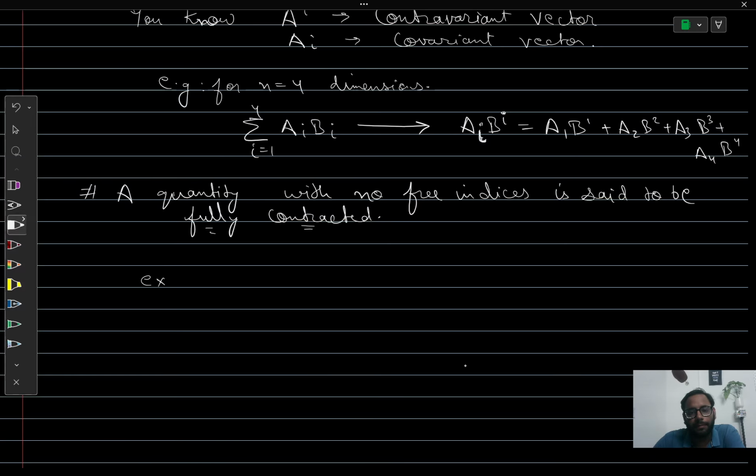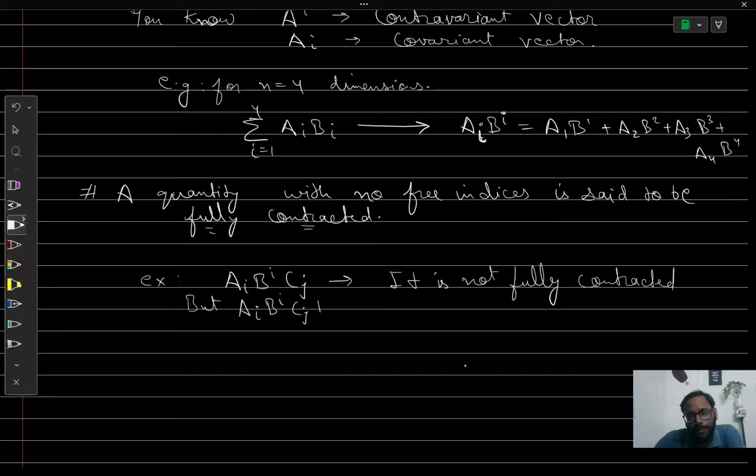Let's take an example. Suppose a quantity like a^i b_i c_j. It is not fully contracted. But a_i b^i c_j d^j is fully contracted.